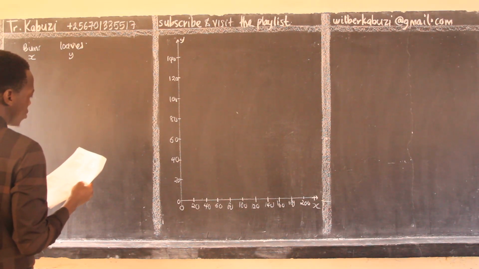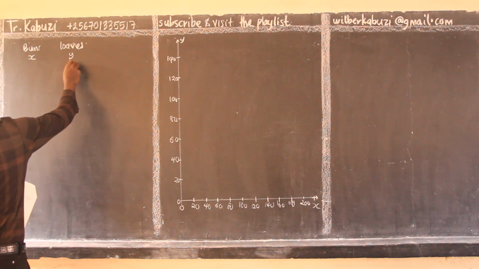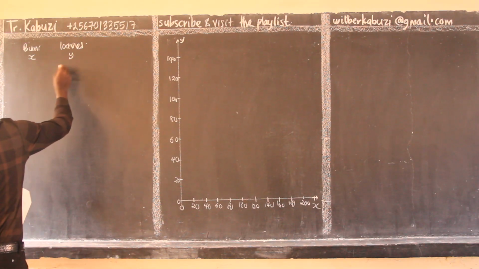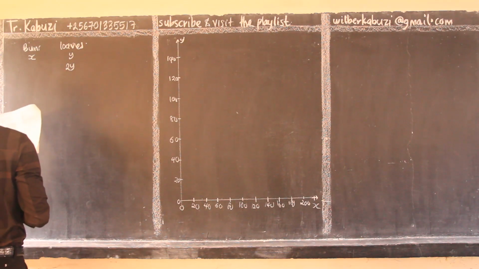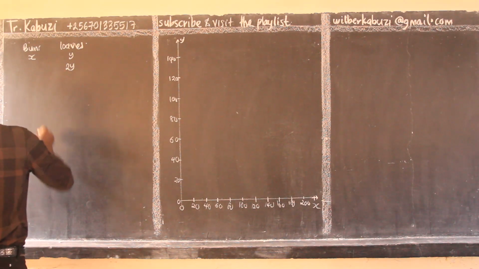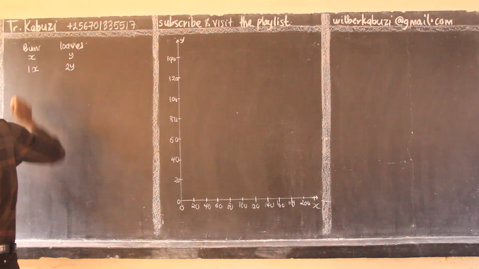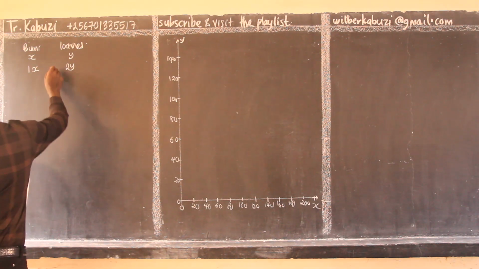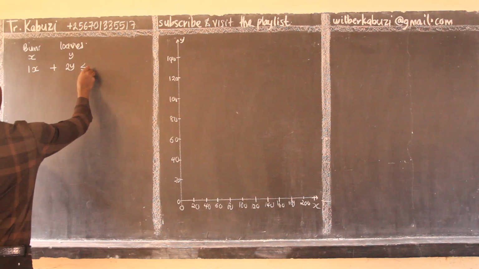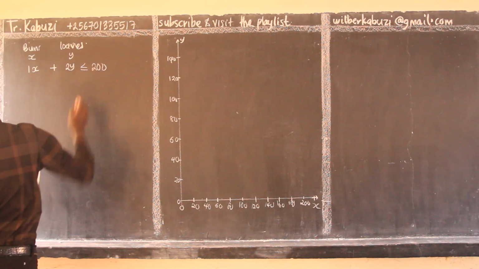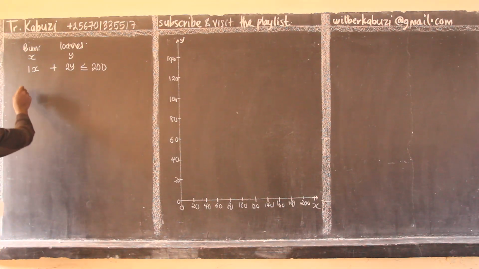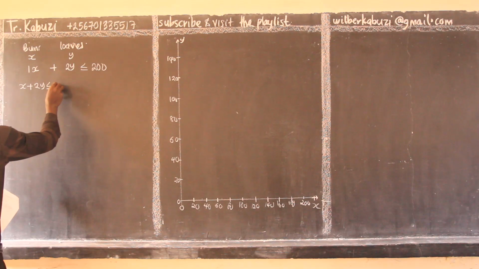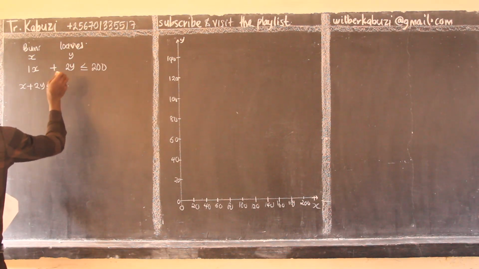They are telling us that a loaf costs $2, so $2 times a loaf, and then a bun takes only $1, so 1 times X. And this man has a maximum of $200 a day. So our first inequality is X plus 2Y less than or equal to 200.